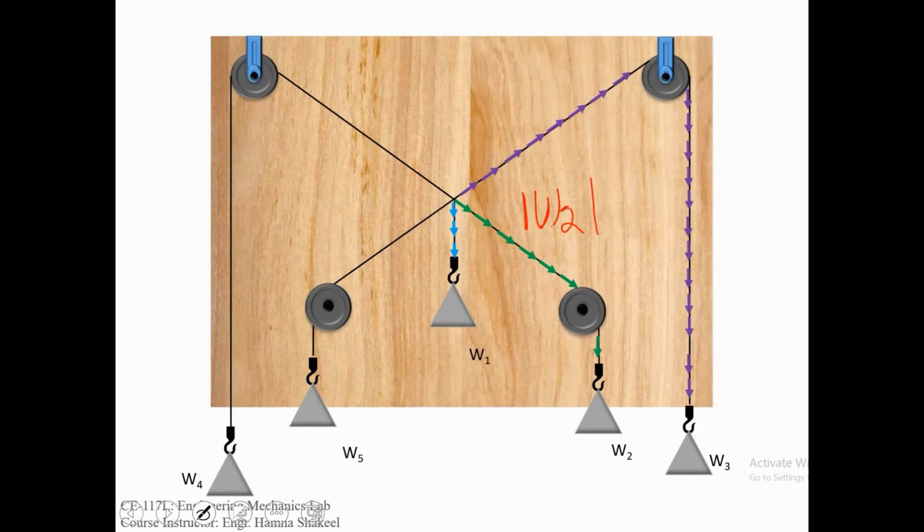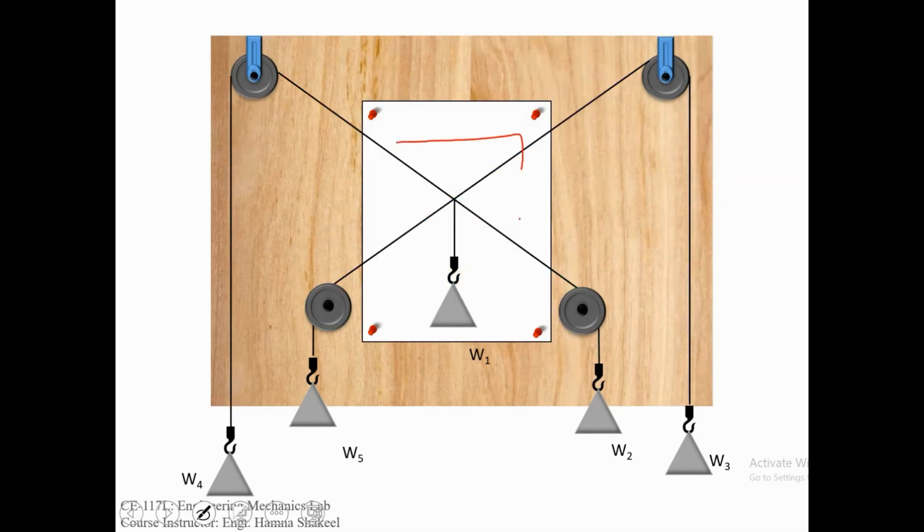Similarly, this is how W3 affects the cord. So you'll have a magnitude of W3 here. Similarly, you'll have a magnitude of W4 here, and you will have a magnitude of W5. So all these weights are stretching the cords, all the cords are under tension.